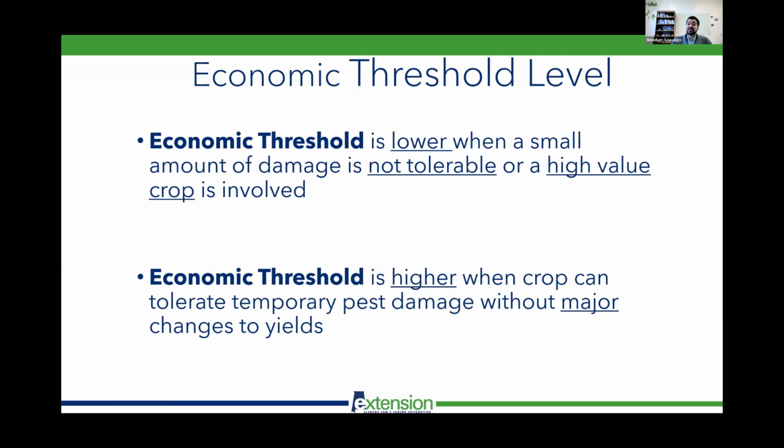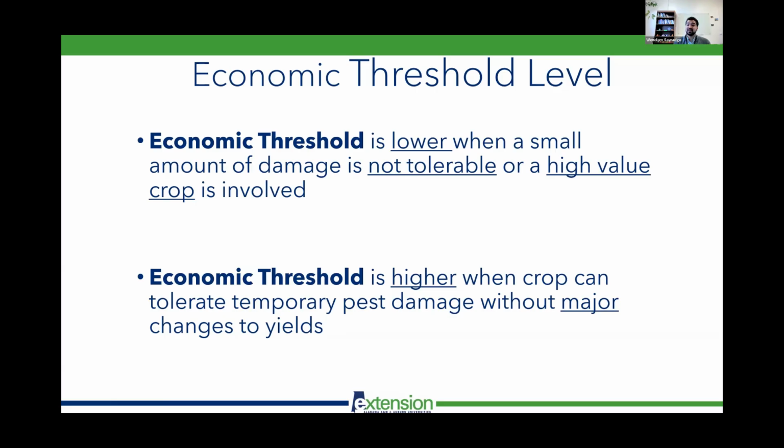In contrast, the economic threshold is higher when we have a crop that can tolerate temporary pest damage without major changes to yield. For example, if we're dealing with a crop that's more resilient to the pest, we don't have to take action as soon. A higher value crop is a lot of times when we're looking at our specialty crops, fruits and vegetables, or damage not being tolerable.